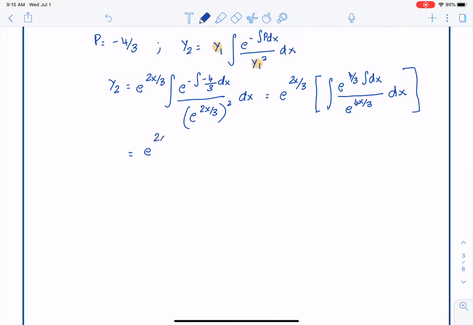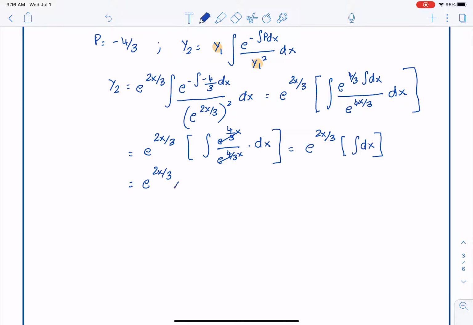So e raised to x divided by 3, integral, the numerator is simply 4 over 3x, denominator is 4 over 3x, multiplied by dx. So those two would get cancelled, and we would have e raised to x over 3 times integral dx. So we would end up having e raised to x over 3 times x.